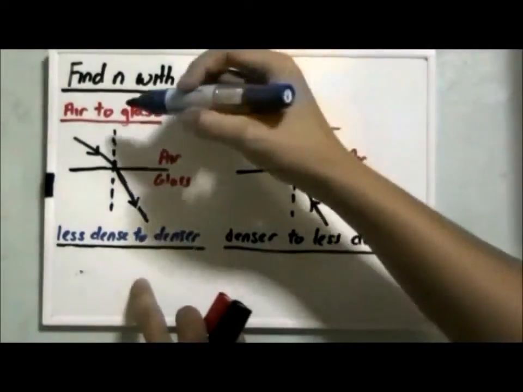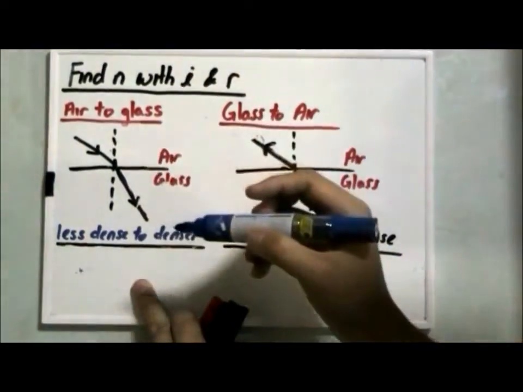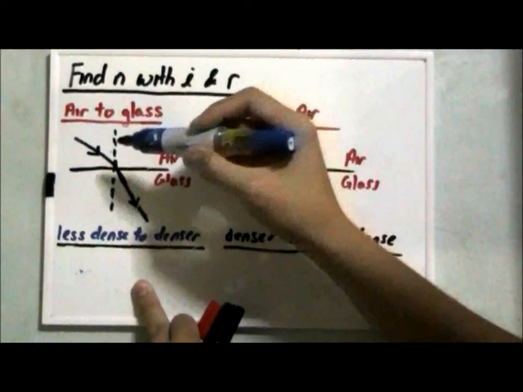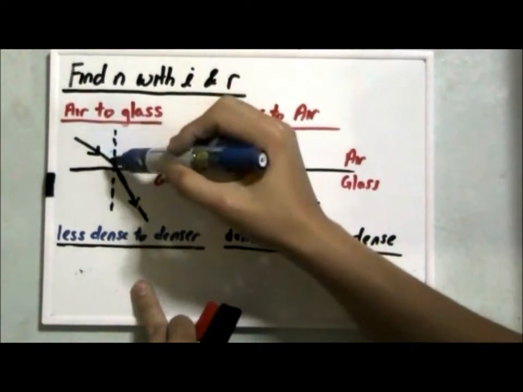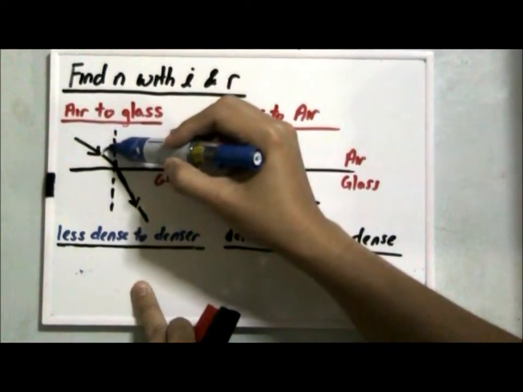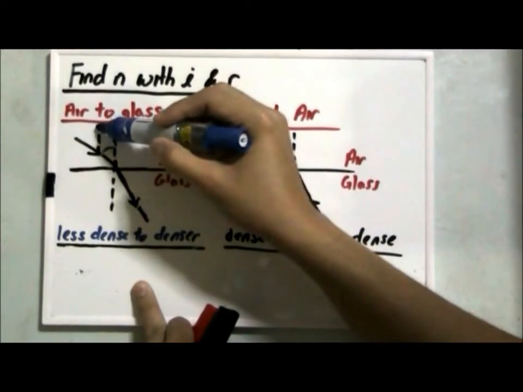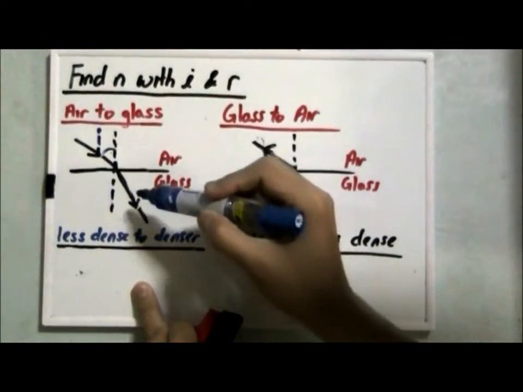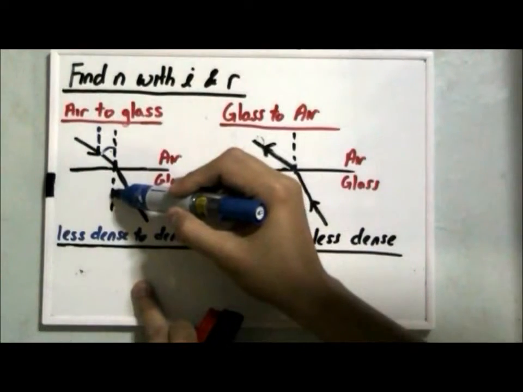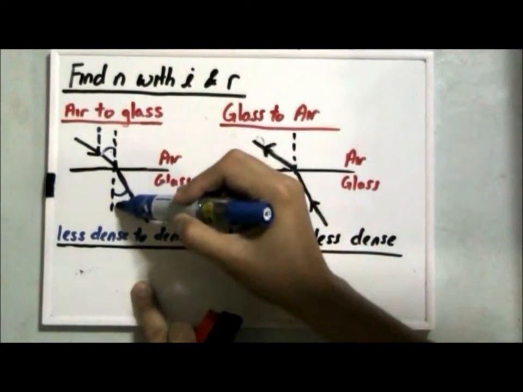Only 2 angles are useful to us, and that is the angle of incidence, which is between the incident ray and the normal. This angle, we call angle i. And the angle between the refracted ray and the normal, we call angle r.